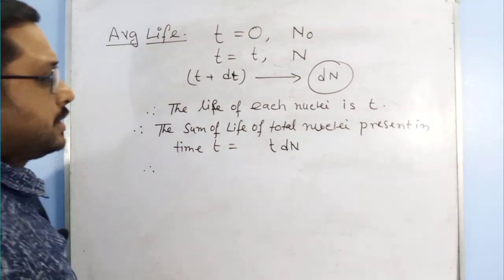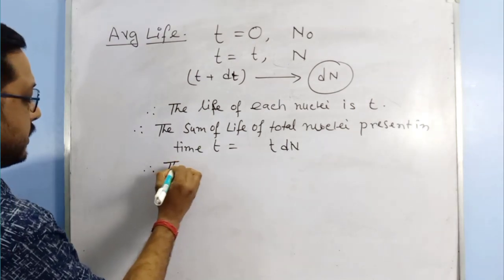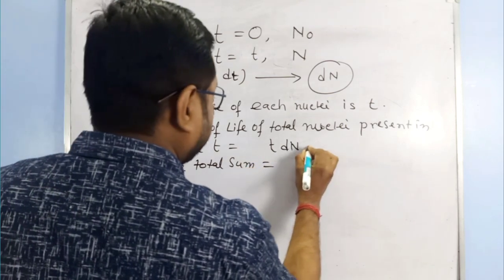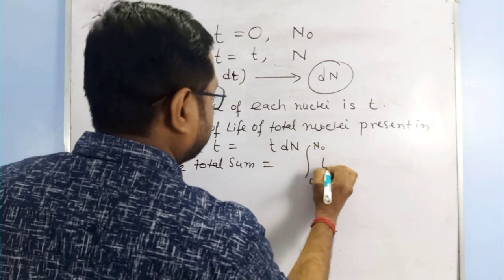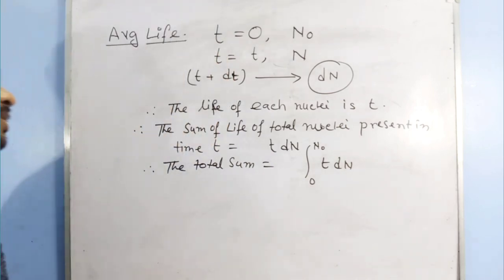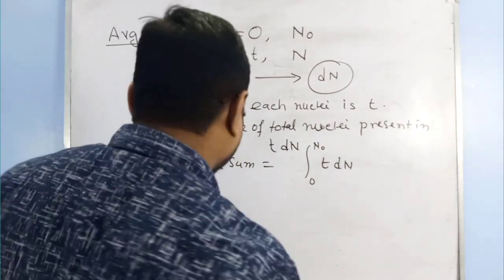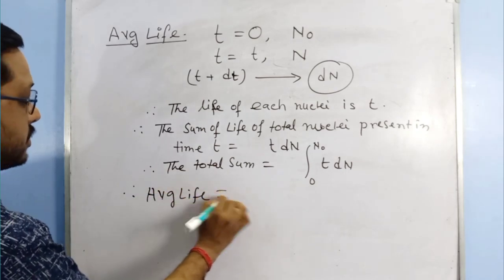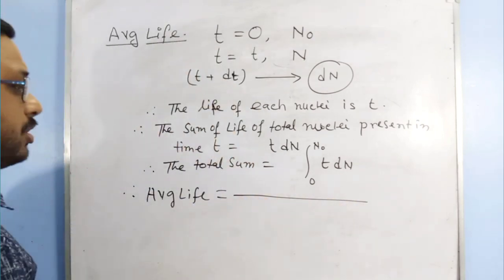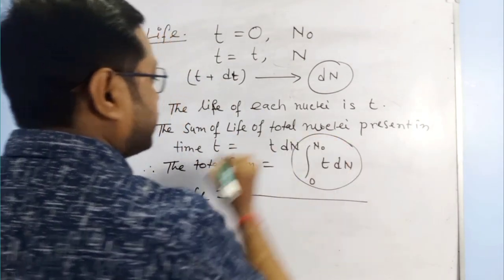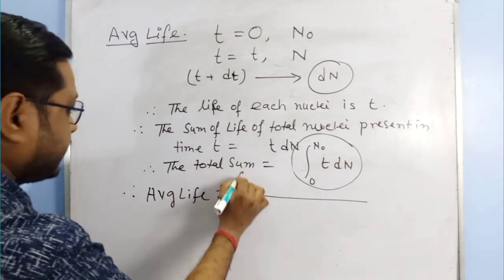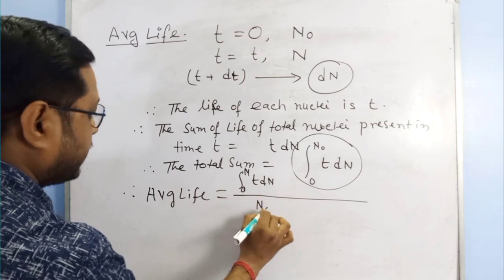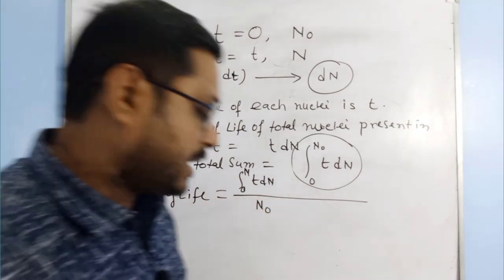Therefore, the total sum equals the integration from 0 to N0 of t dN. Therefore, the average life is the ratio of the sum of the life of all nuclei, that is the integration from 0 to N0 of t dN, divided by N0, the total number of nuclei present in that sample.